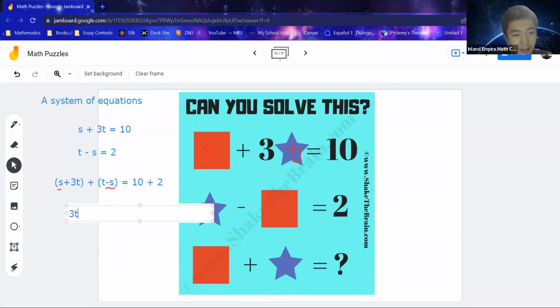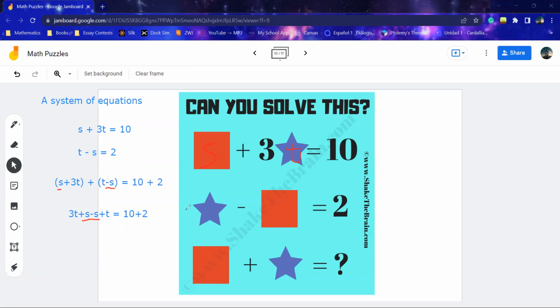I'm gonna write it in a slightly different order. All right, Joyce, what do you think happens to the s? Look at this. Still not understanding what's happening. Well, we add s and we subtract s, right?